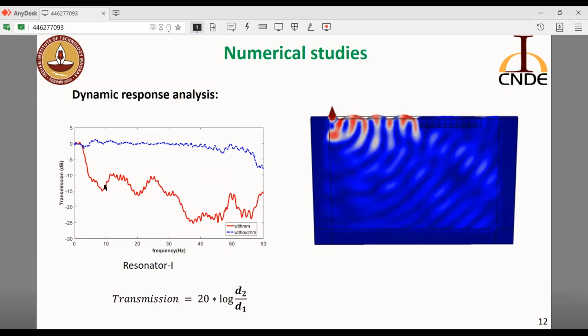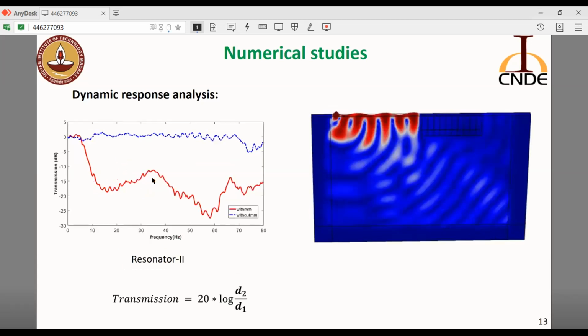Our transmission plot also shows that we are getting quite high attenuation. This is for resonator 2. Again, the result is the same.